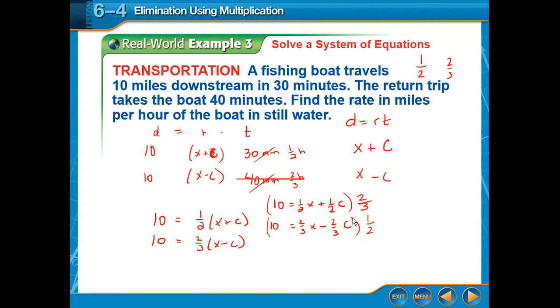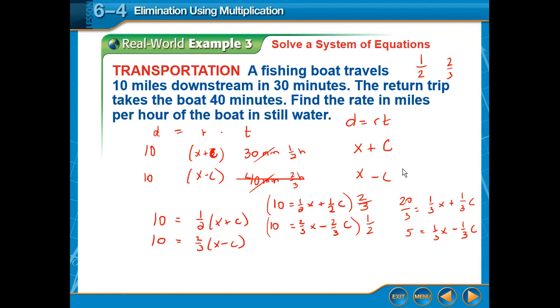So 2/3 times 10 is going to be 20 over 3. 2/3 times 1/2 is going to be 1/3 x. 2/3 times 1/2 is again going to be 1/3 c. 1/2 times 10 is going to be 5. 1/2 times 2/3 is 1/3 x, and 1/2 times negative 2/3 is negative 1/3 c.